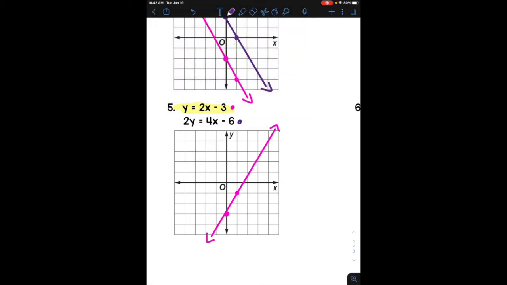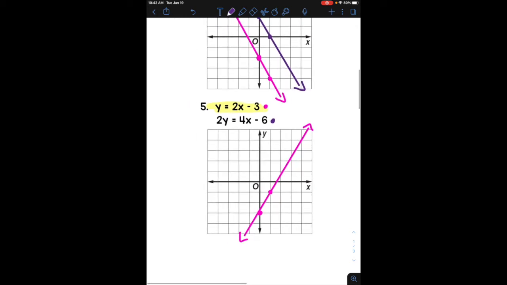The second equation, however, is not in slope-intercept form yet. As you could see, the y is not alone. There's a 2 in front of it, being multiplied to it. In this case, we need to do a little work on the side to write this equation in slope-intercept form.